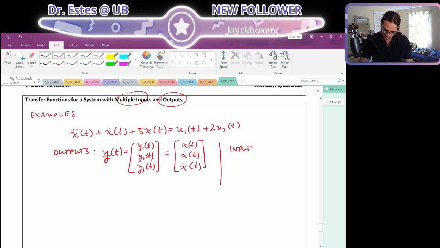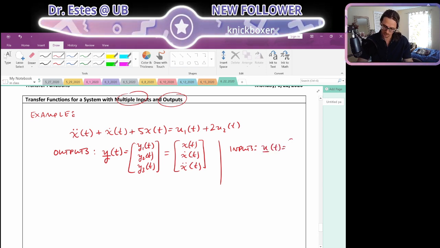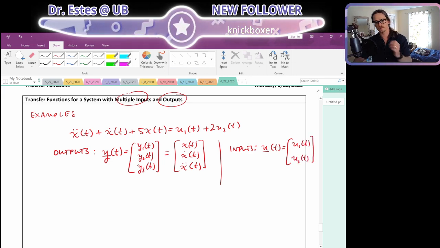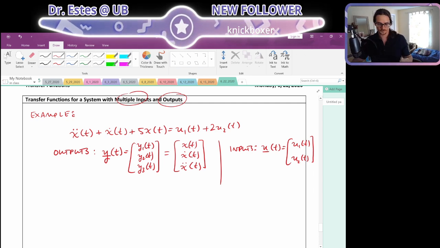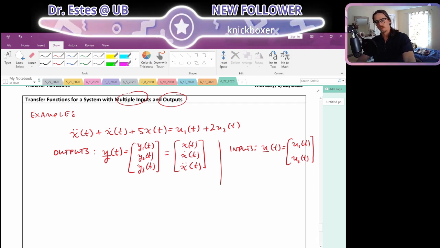And our input vector, we'll call it u of t, and it'll just be u1 and u2.